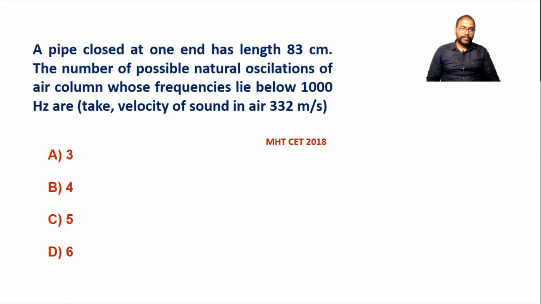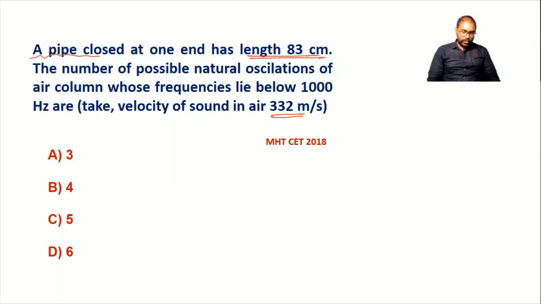Now next question is: a pipe closed at one end has a length of 83 centimeter. Number of possible natural oscillations of the air column whose frequency lies below 1000 hertz are, and velocity in air is given.